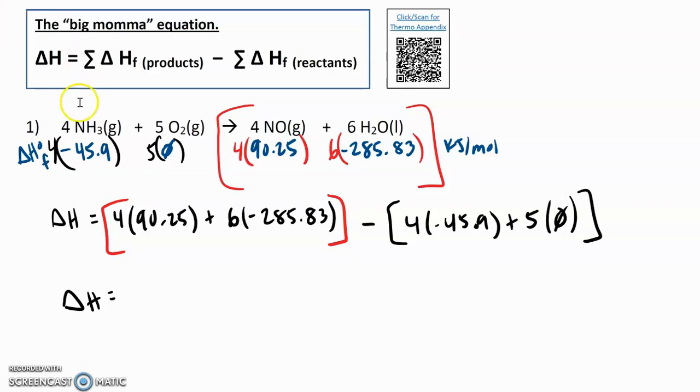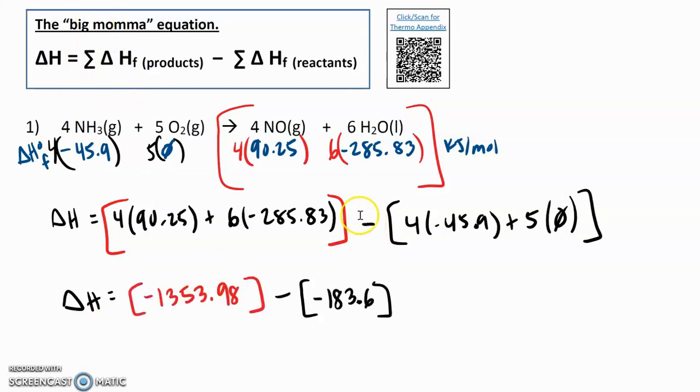So we go ahead and calculate this. What I've done here is multiply all of the heat of formation values by the respective coefficients, and I have a sum here in red of my products, and now I'm going to subtract the sum of my reactants. The biggest mistake that I see students make is not paying attention to the negative signs.